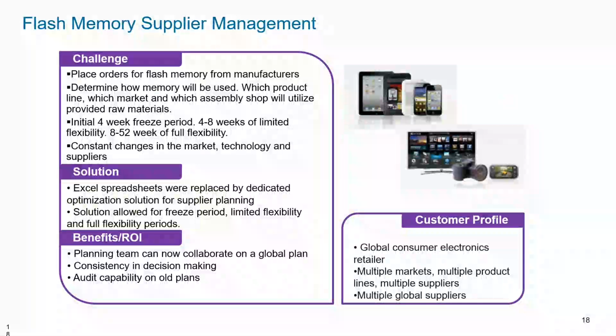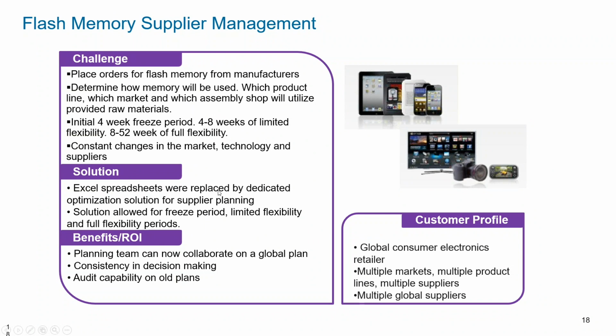The challenge here was to place orders for flash memory from manufacturers. Determine how much memory will be used, which product line. So basically, here you were freezing for a 4-week period, and you didn't have flexibility, and you have constant changes in the market.